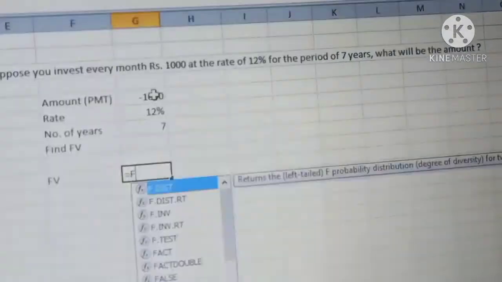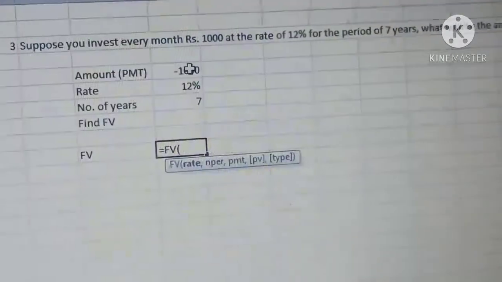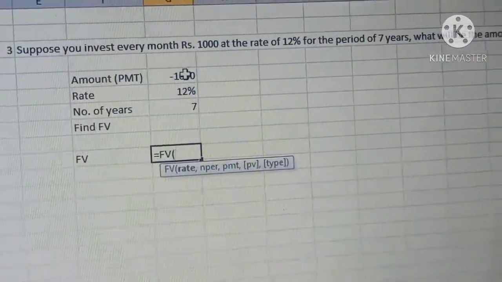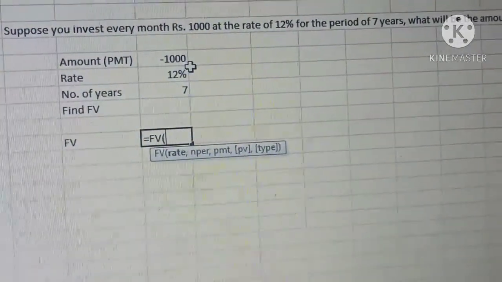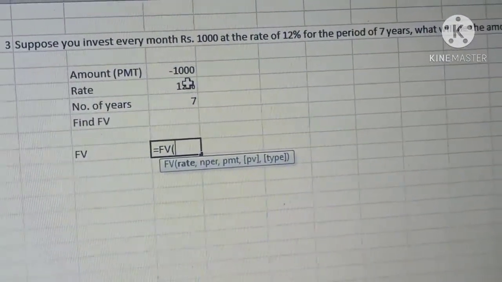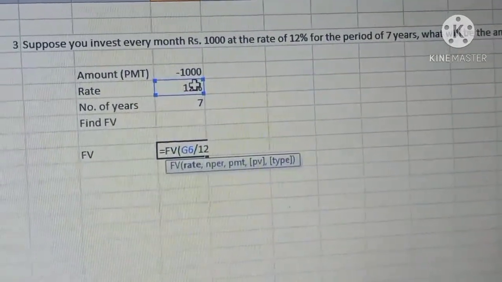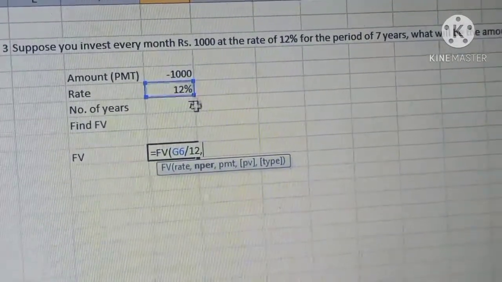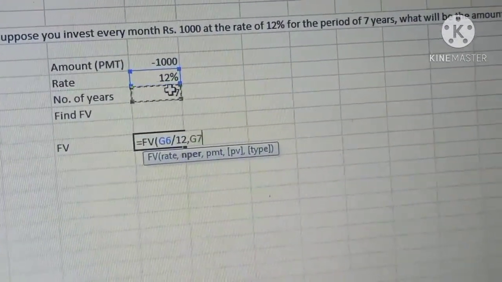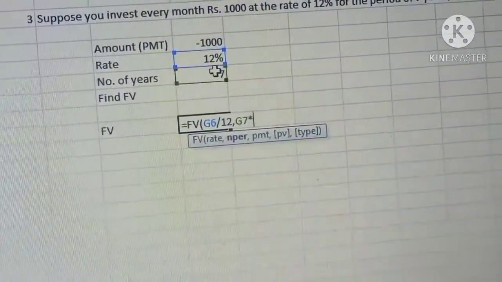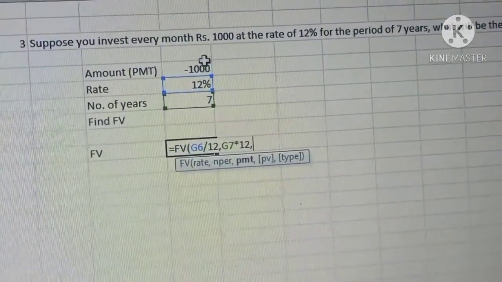So we'll find the FV, but the thing over here is we don't have PV, the present value, we have PMT. So the rate is 12%, as the amount is invested every month, so we'll divide by 12. It's for 7 years, so 7 into 12. PMT is minus 1000.